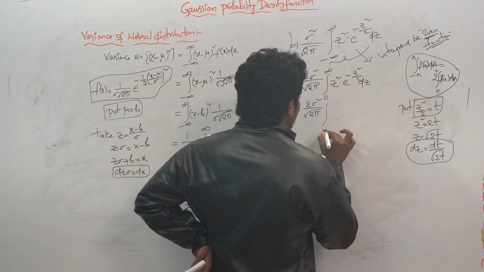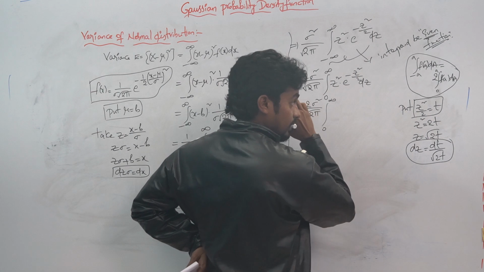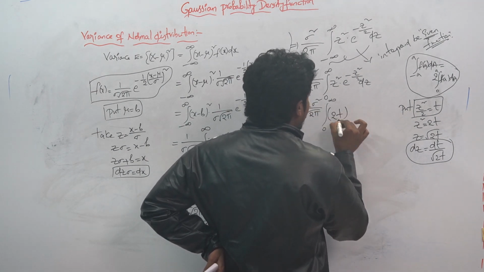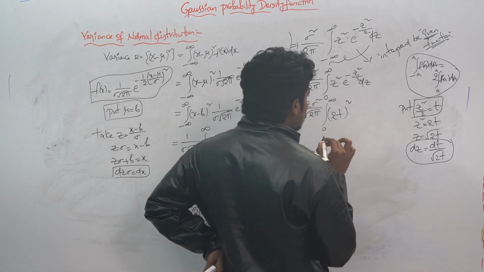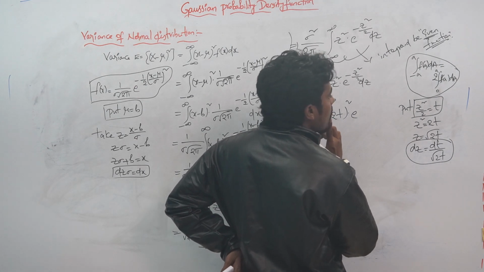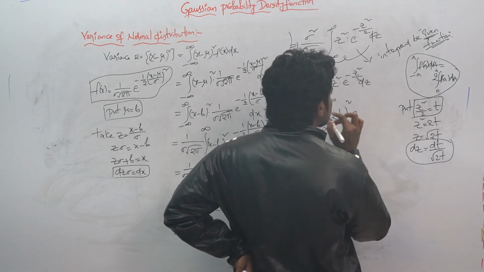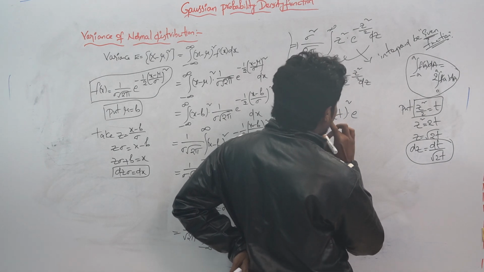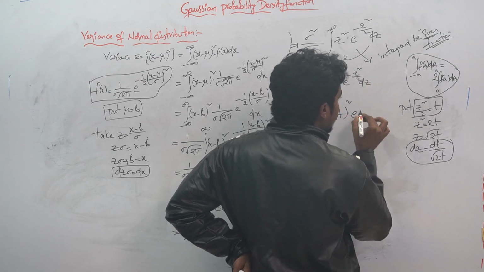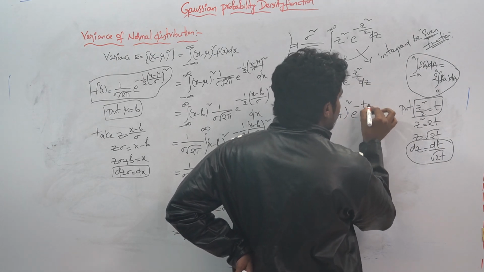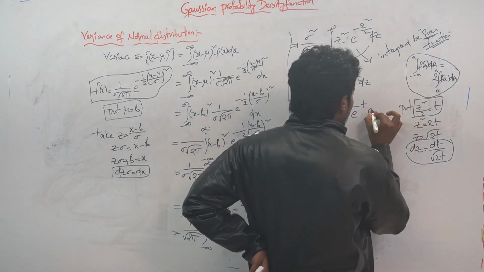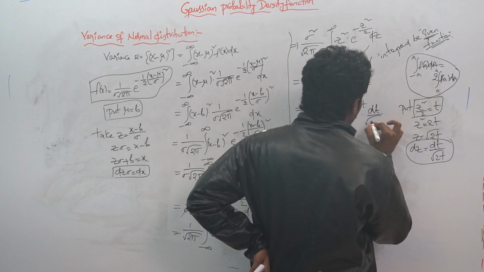That will be the integration from 0 to infinity of z square, meaning (2t) whole square, into e power minus z square divided by 2, meaning minus t, into dz, meaning dt divided by root 2t.